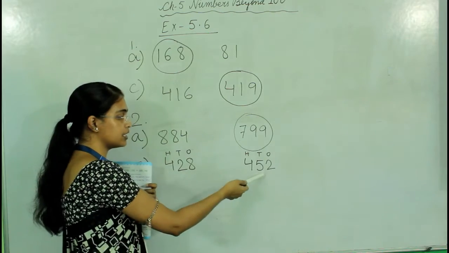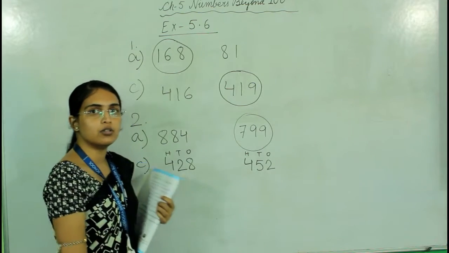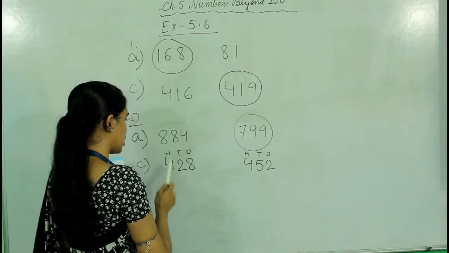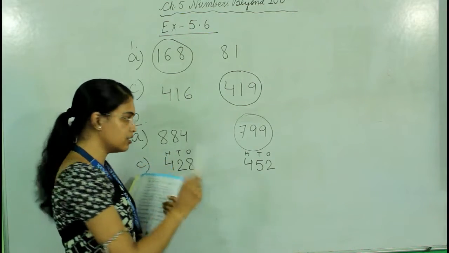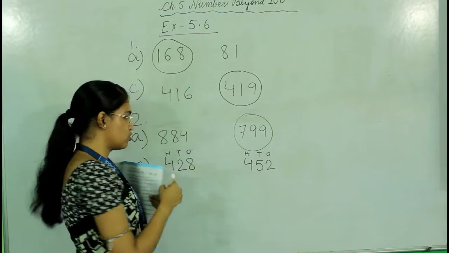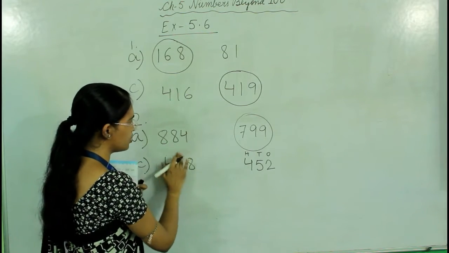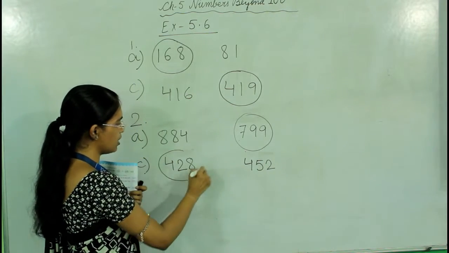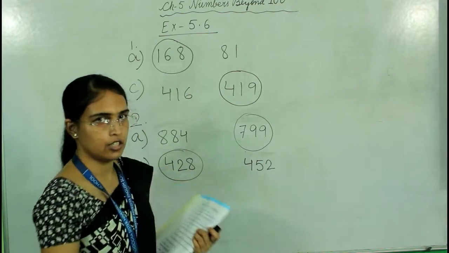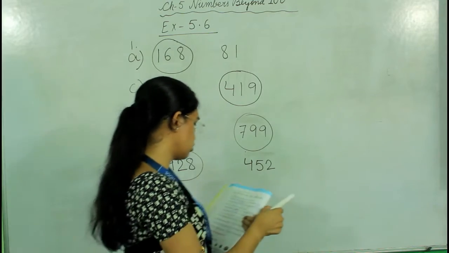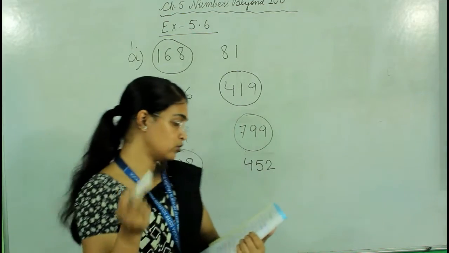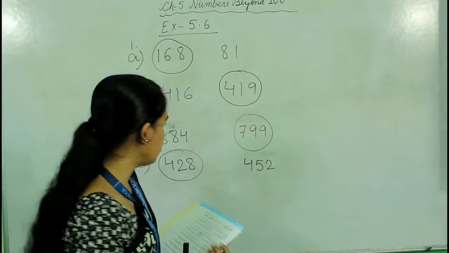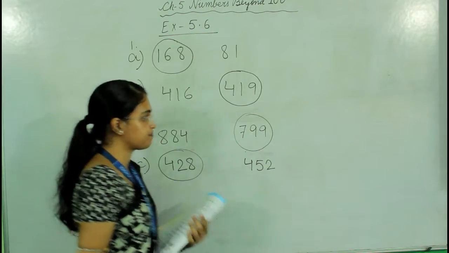Is 2 smaller than 5 or is 5 smaller than 2? Yes, of course, 2 is smaller than 5. That means 428 is smaller than 452. So we have to circle the smaller one, right? So we will circle 428. In this way you have to do question number 2B. B is your homework. Now we will do question number 3.